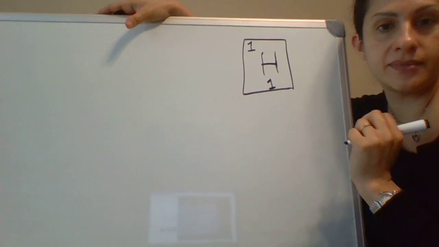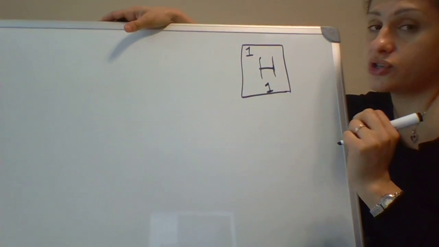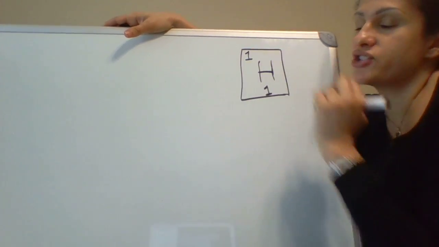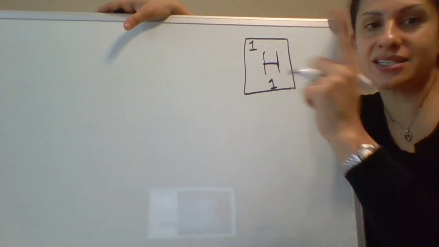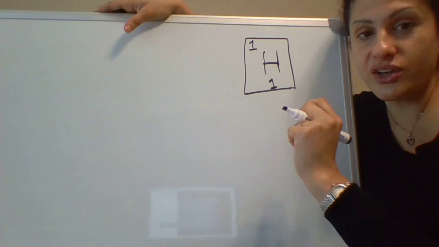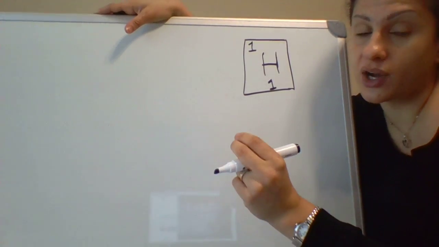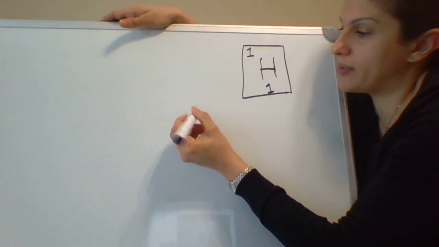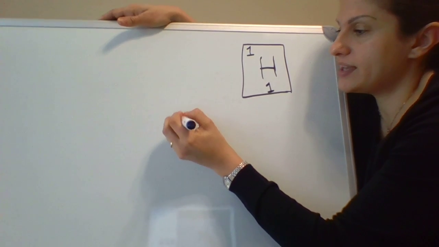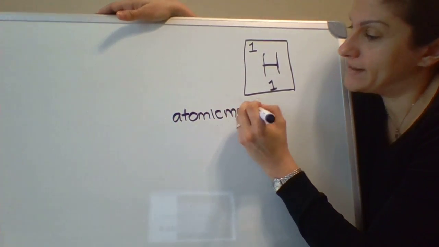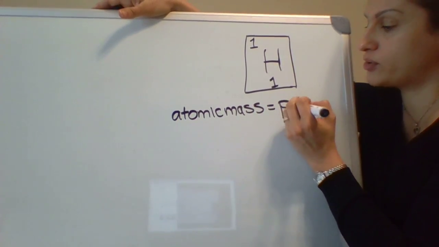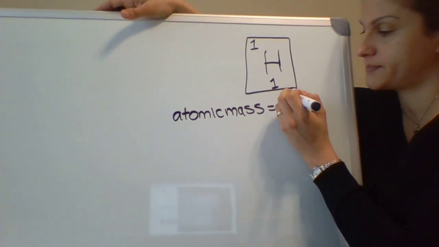So simple. From that, you should know that hydrogen has 1 proton. But if its atomic mass is 1, that should tell you that there are 0 neutrons in hydrogen, because remember our equation: the atomic mass is equal to the number of protons and neutrons.